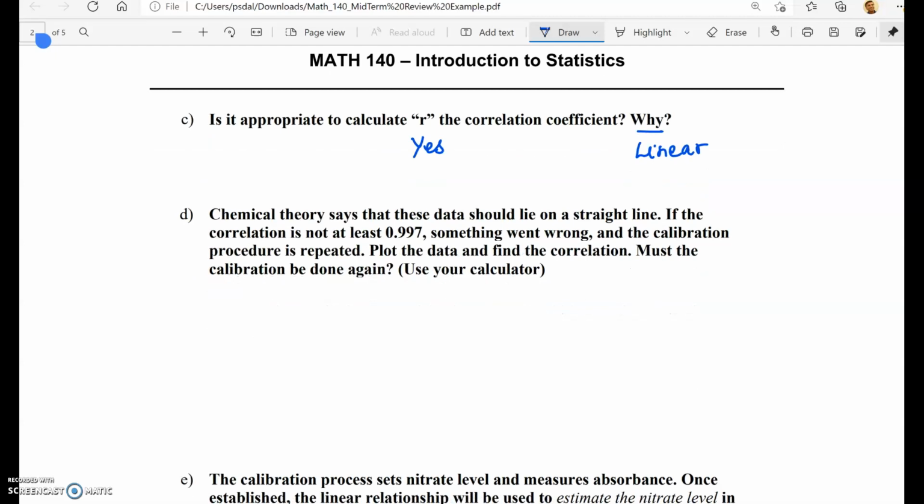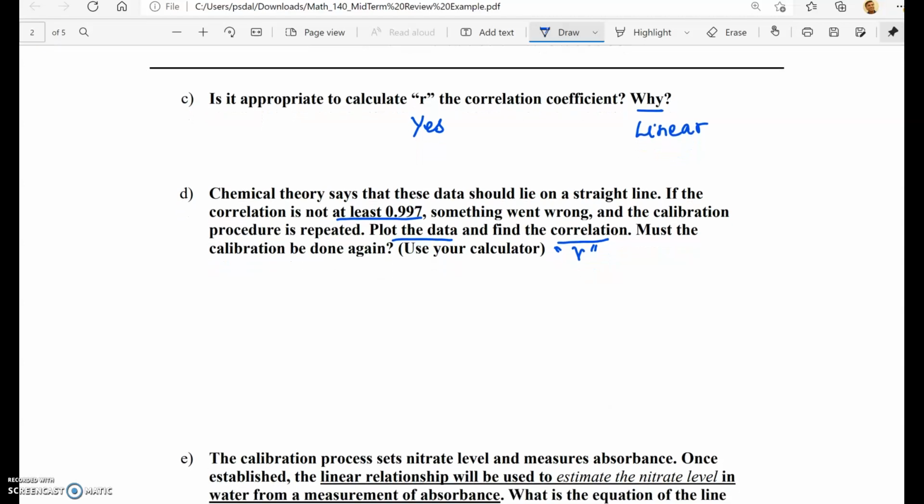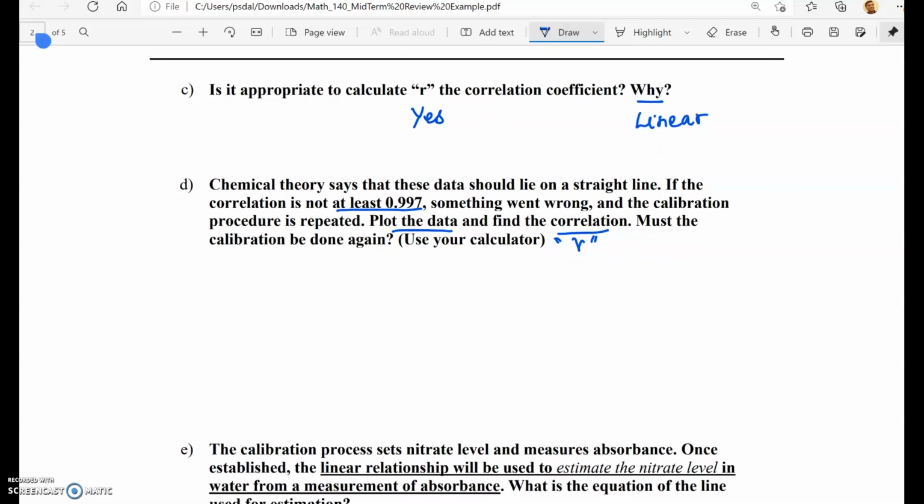Now, chemical theory says that these data points should lie on a straight line. If the correlation is not at least 0.997, something went wrong and the calibration procedure has to be repeated. So we did plot the graph, which is the scatter plot, which tells us it's linear. And that's the reason why we want to find the correlation, which is a numerical summary that describes the strength of the linear relationship.